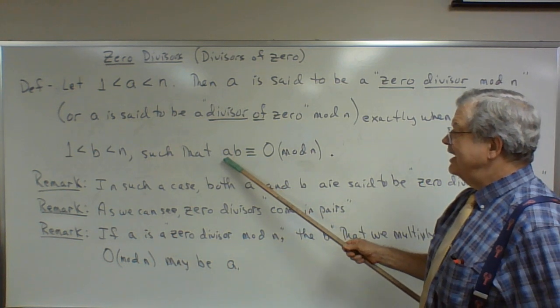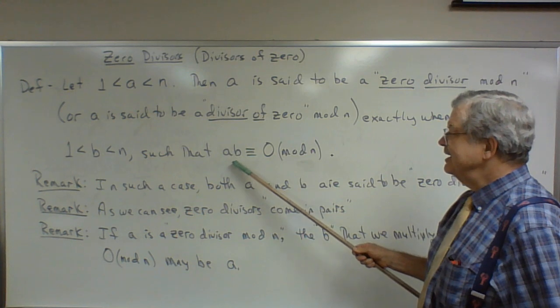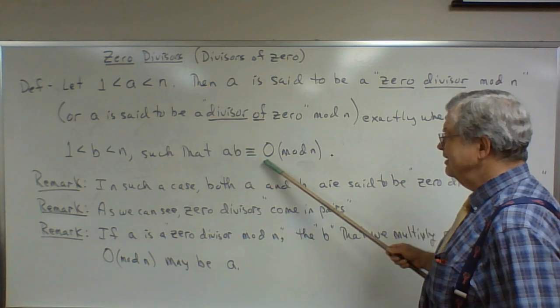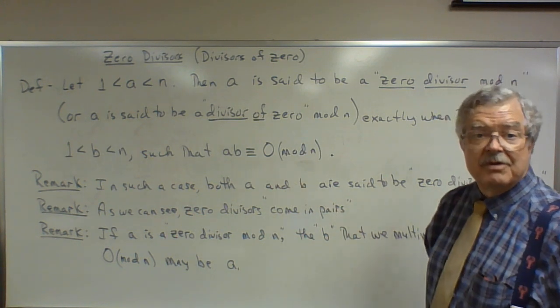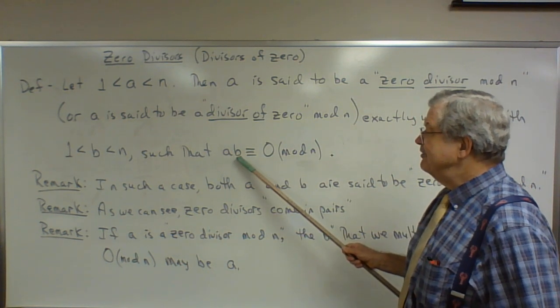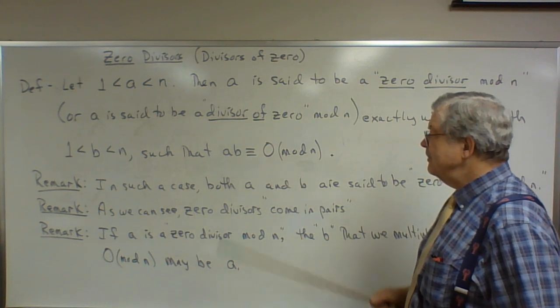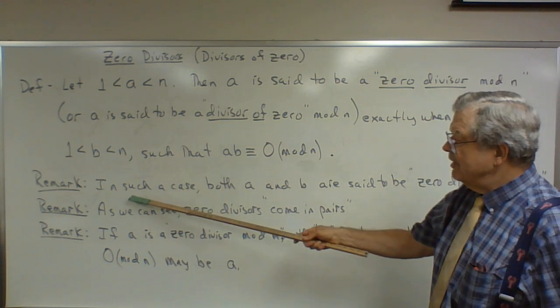If a is a divisor of 0 by virtue of the fact that there's some integer b such that a times b is congruent to 0, shouldn't it also be true that b is a zero divisor by virtue of the fact that there's some integer a congruent to 0? And that's what this remark says.